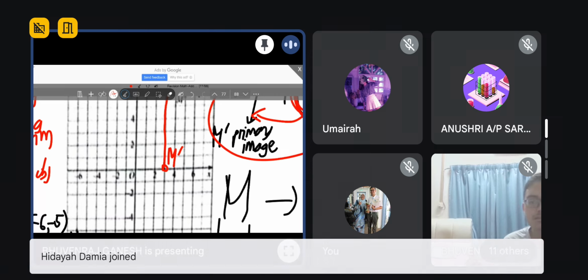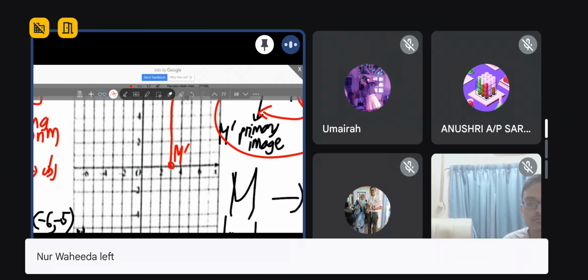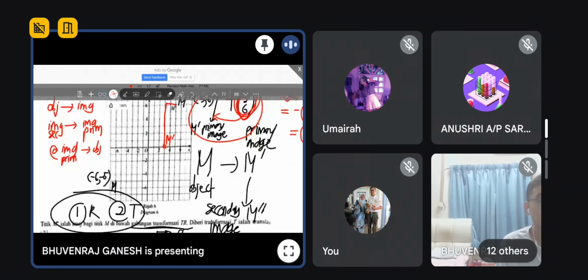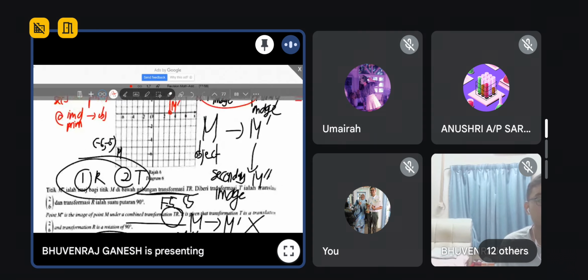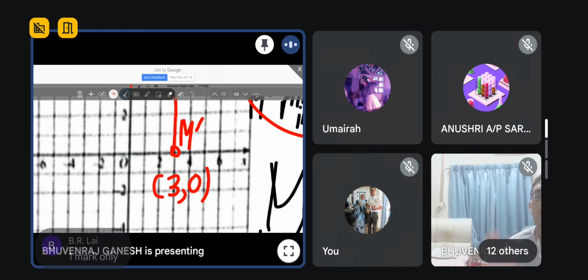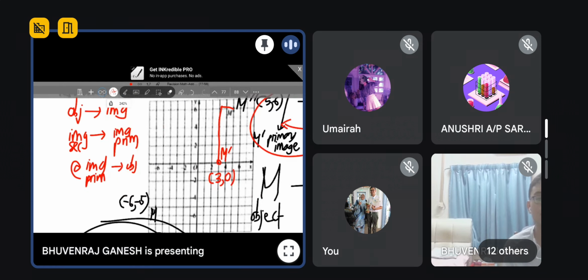Do you all understand? Boleh faham? So jawapan dia adalah 3,0. Can or not, guys? Can you understand? But basically, the answer you need to give is only the coordinate. So means that your answer is only 3,0. Ini sahaja jawapan kamu. Yeah, you no need to write any working. Tak perlu tunjuk semua yang ni yang saya tulis.